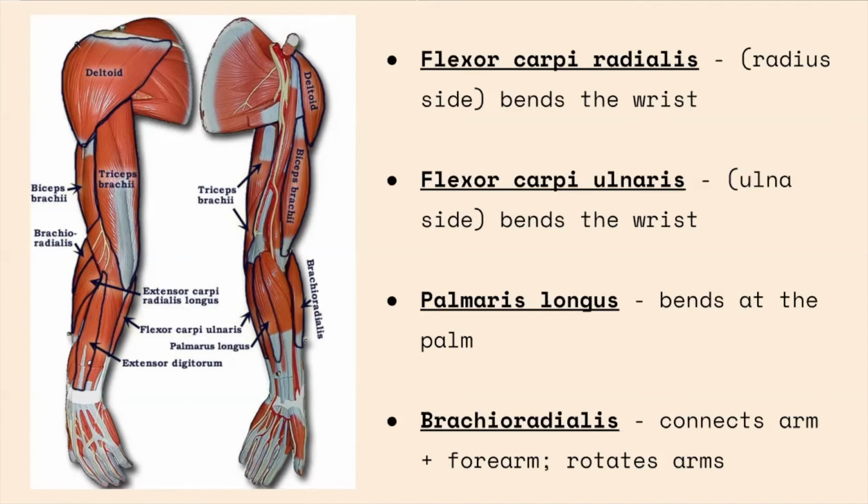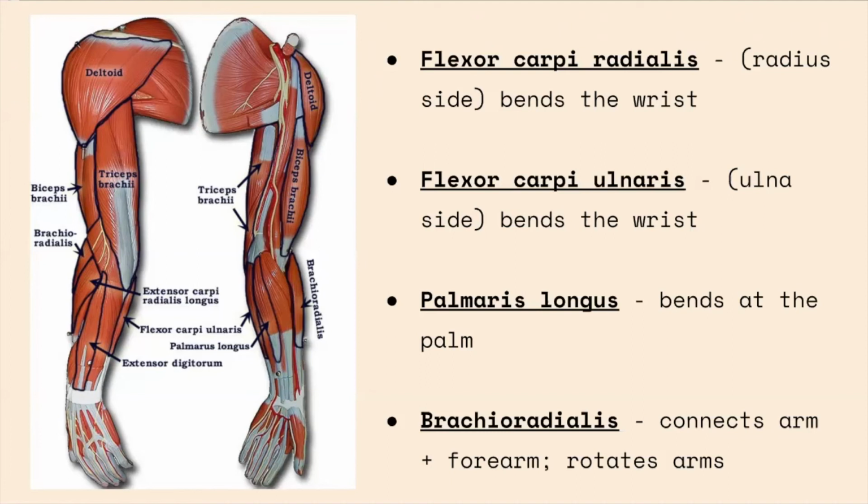Palmaris, palm, longus, long. That's how you kind of get things in medicine. We have the brachioradialis, which connects the upper arm to the forearm, and it rotates the arm. So you have a bunch of muscles just here and there, working together, this kind of mess of things connecting to each other.